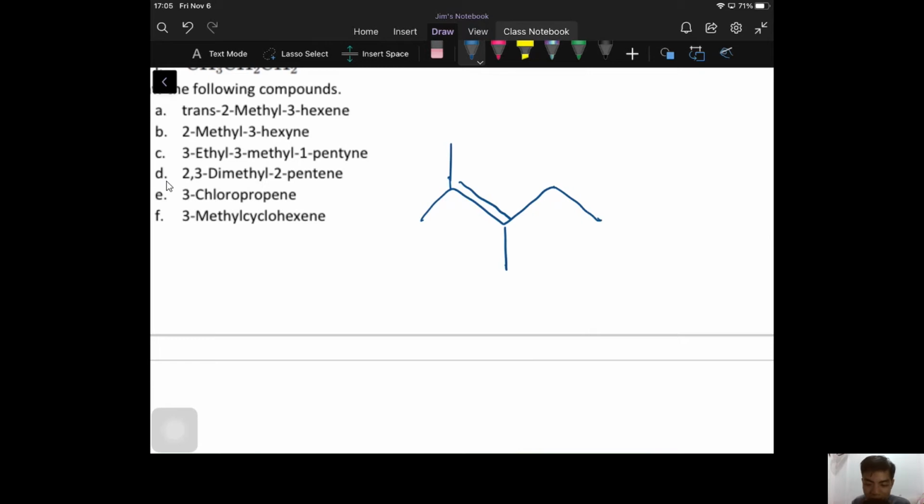Gawin ko na rin yung E. Okay, so sa letter E, that's 3-chloropropene. Okay? So paano yan? Ganito lang yan, ha? So usually, ganito lang yan.